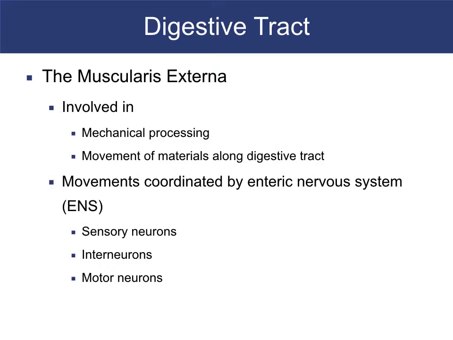These muscles are involved in two things. One is the movement of things down the stream, like I just indicated, but it's also involved in the mechanical processing of the food. In other words, it's got to get mixed up and softened and wet, really wet. Most of that has already happened up in the stomach, but once it starts down the intestine, we do a lot of this. This squeezes, and then this squeezes, and then this squeezes.